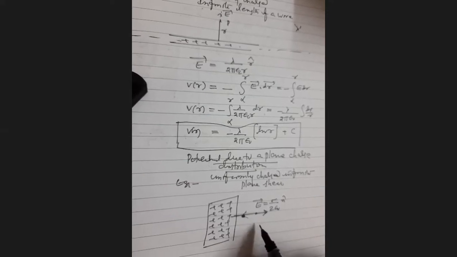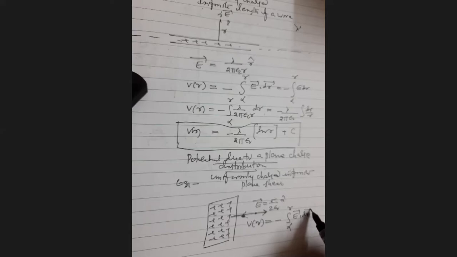Now, using the field strength, the potential V of R equals minus integral infinity to R of E bar dot dr bar, which equals minus integral infinity to R of E dr, because the E bar direction and dr bar direction are the same.